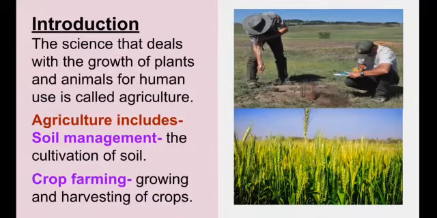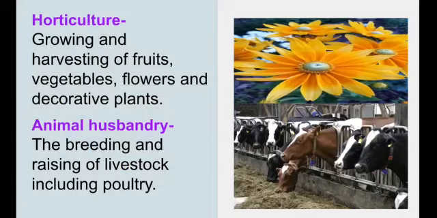So in agriculture, here we have some branches also. Soil management. What is soil management? The cultivation of the soil is known as soil management. Then crop farming, growing and harvesting of the crops. Horticulture, growing and harvesting of fruits, vegetables, flowers and decorative plants.